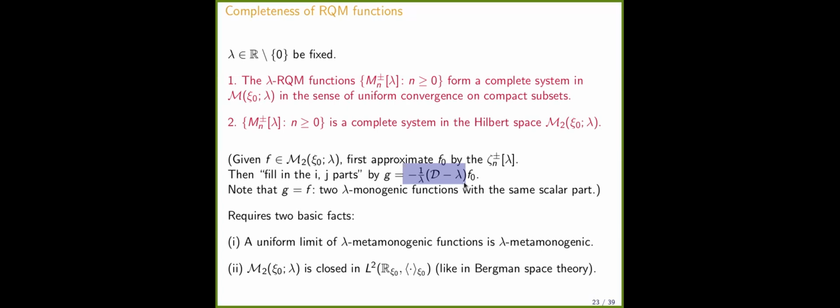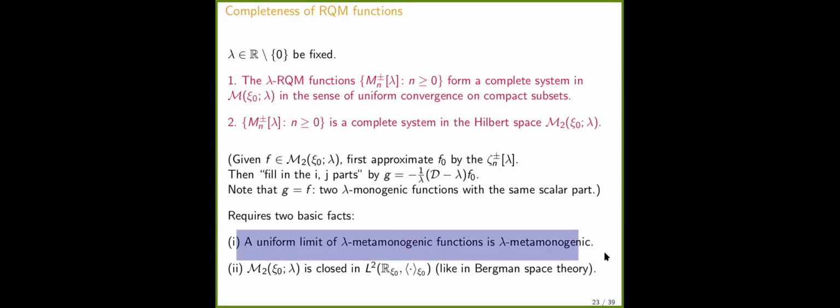So instead of that, we apply this completion operator or harmonic conjugate operator to form a function g, and g and f have the same scalar part. And so g minus f is a lambda monogenic function whose scalar part vanishes. And by the interesting fact I mentioned at the beginning of this discussion of the operator d, we have that g equals f. So to get this to work, when you work out the details, you need to check first that the uniform limit of lambda metamonogenic functions is lambda metamonogenic.